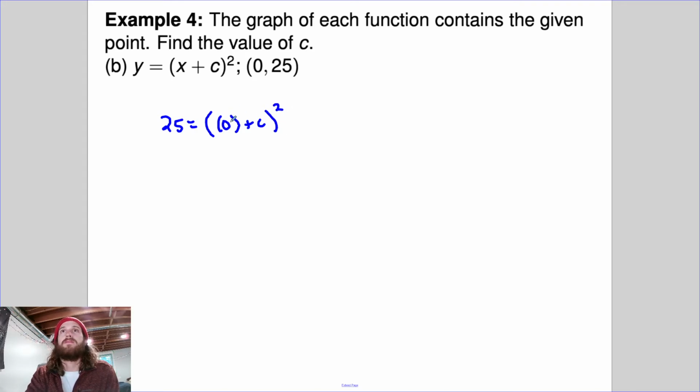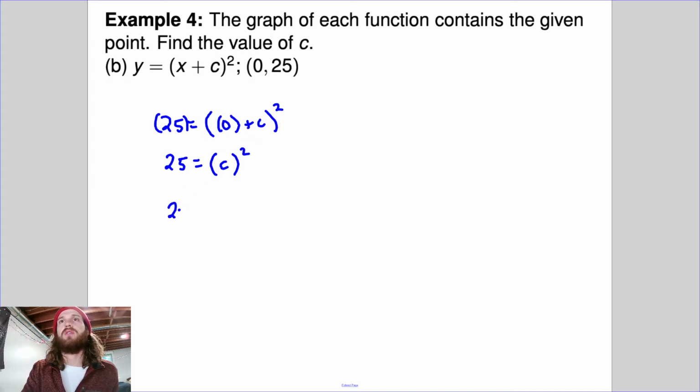Anytime I substitute, I try to use parentheses to show that I've substituted. So we would say 25 equals 0 plus c, and 0 plus anything is that thing squared.